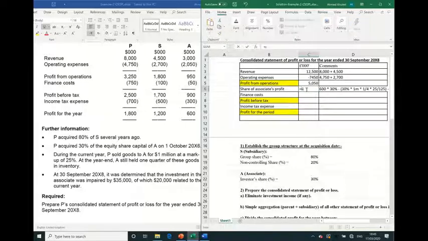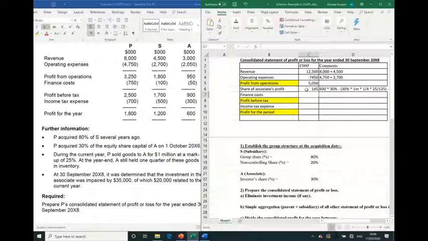This will be 600 times 30%, and then exclude 30% of the 1 million, which is the sales, times 1/4, which is the inventory, times 25 over 125, which is the markup, and then exclude the impairment of the investment in associate.